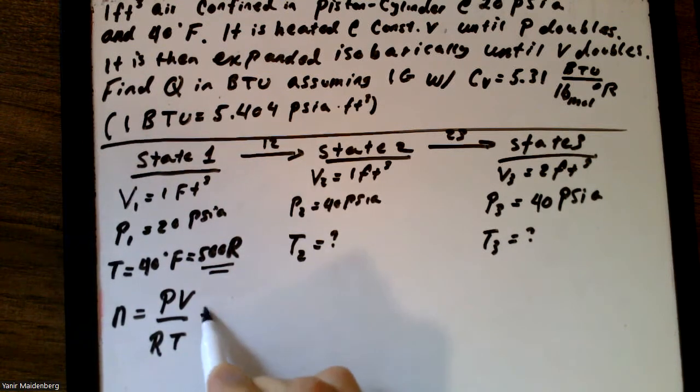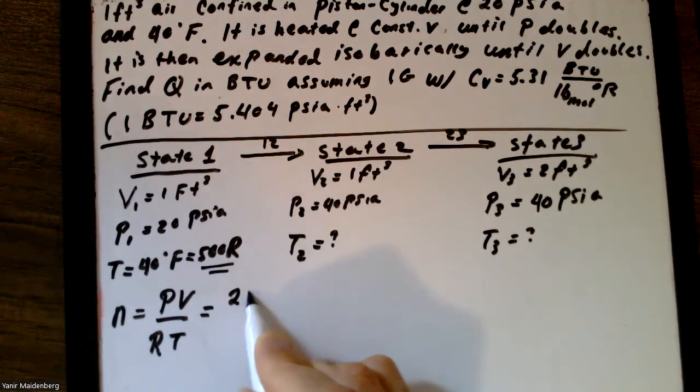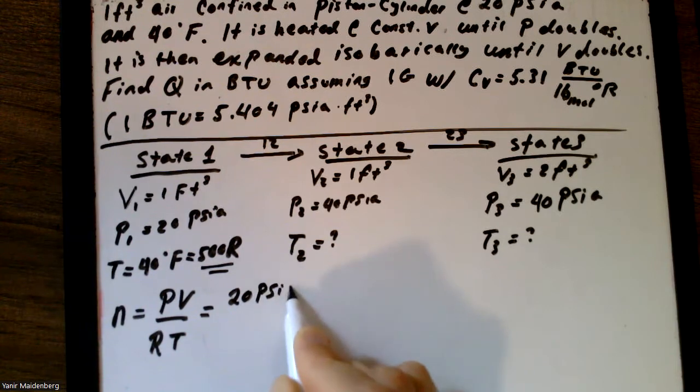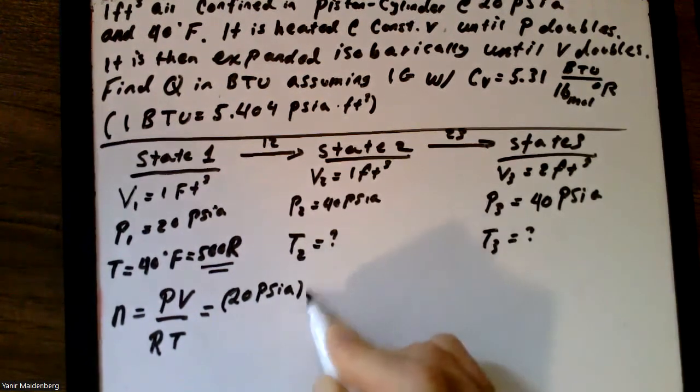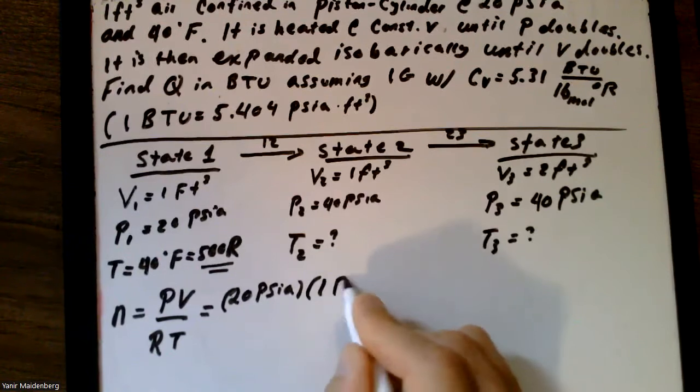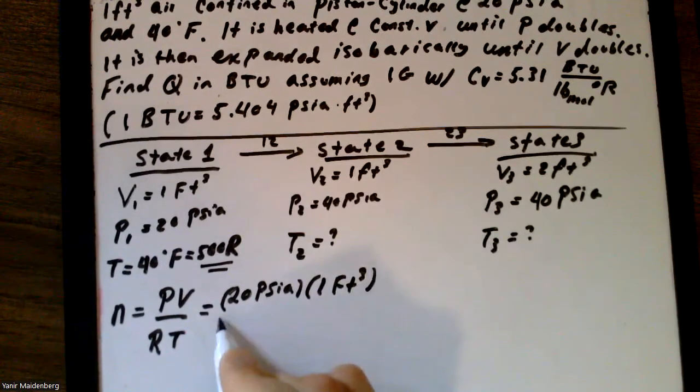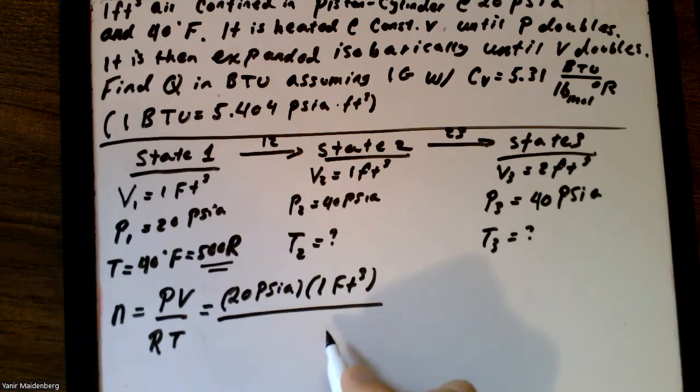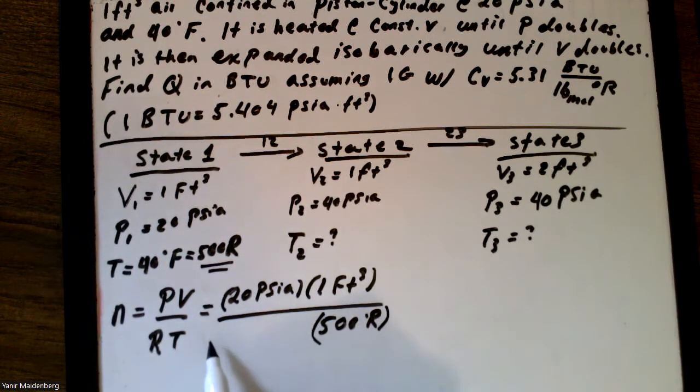Okay, so we know that the pressure is 20 psi. We know the volume is 1 foot cubed. Okay, we know that the temperature here is 500 Rankine. Okay, and for R, I want something that's got Rankine and psi, so you will go and you find in that table that 10.73 was the one.